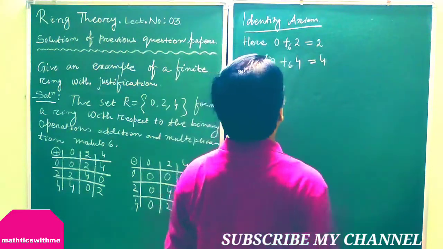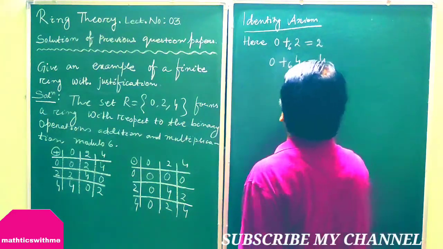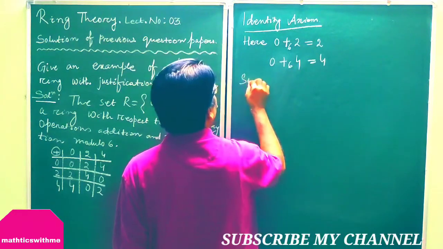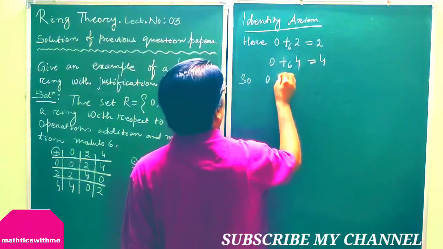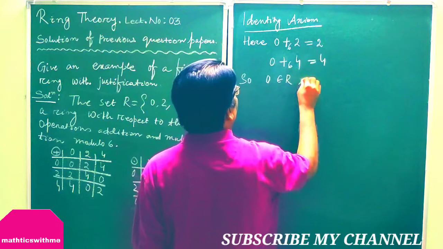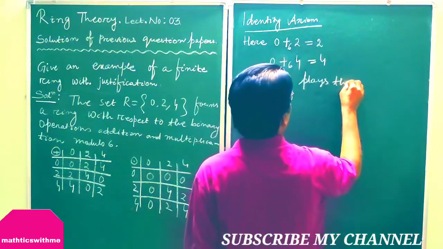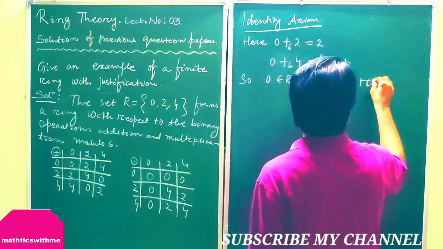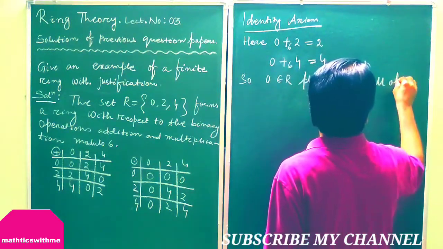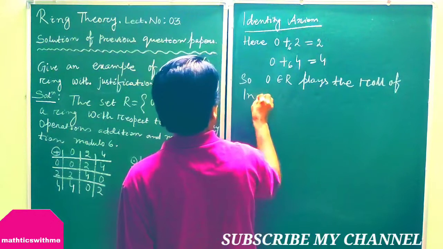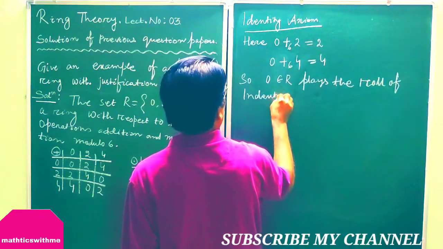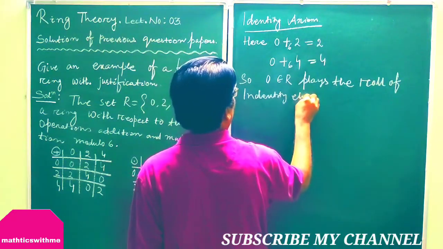Similarly, 0 plus 4 is equal to 4. So 0, which belongs to R, plays the role of the identity element.